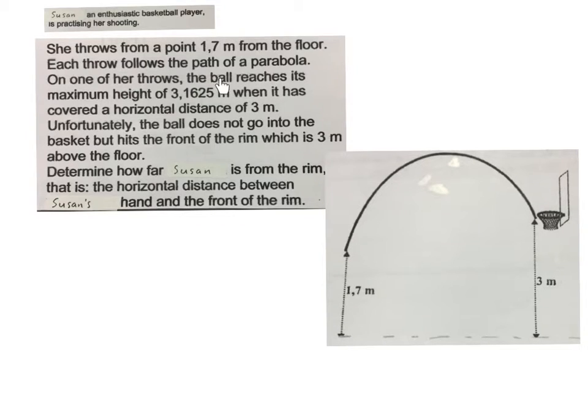It also says that at some stage there is a throw that reaches a maximum height of 3.1625. So we'll have a maximum height here. It forms a parabola the way the ball is changing its height. And they also say that it hits the rim here 3 meters above the ground. So we have a starting number, we have a maximum, we have a shape of a parabola, and we have a height where it hits the rim.